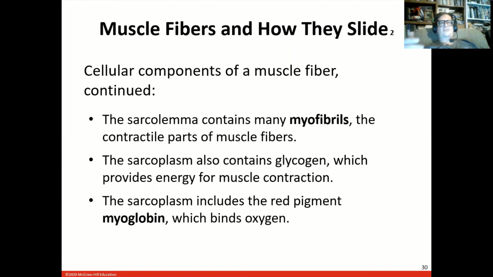One time when I was in graduate school, I helped dissect a dolphin. And you know, dolphins can hold their breath longer than we can and stay down longer than we can. How? Well, their muscle has so much myoglobin in it that it looks purplish black.